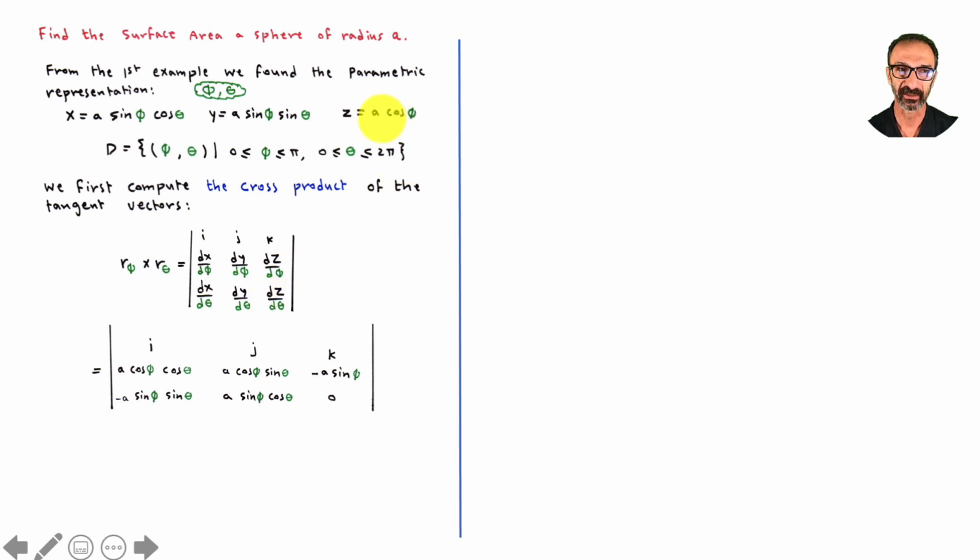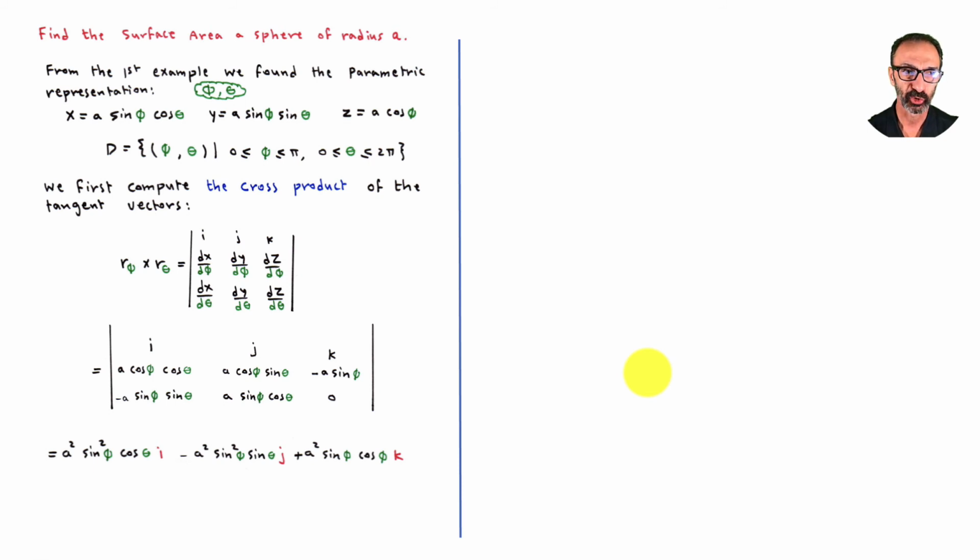There is no theta in it, so it's going to be 0. So, finishing the determinant, which is a cross product of r phi and r theta. I'm slowing down reading, but I give you some time to look at it.